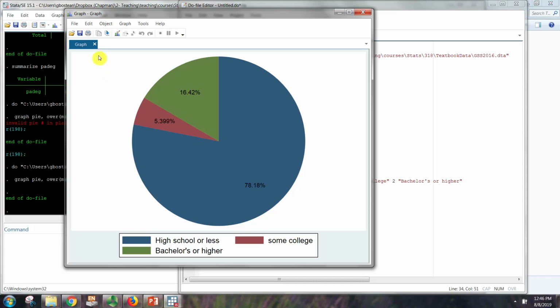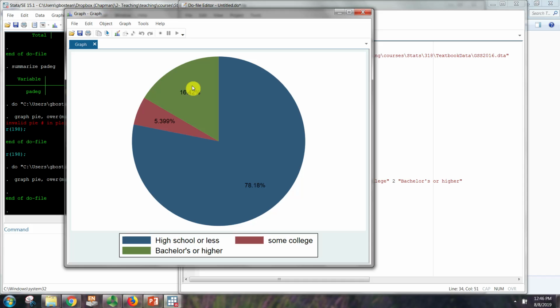All right, so here's what the pie chart looks like, and we see that nearly 80% of respondents report that their mother has high school education or less. 5% report that she has some college education, and 16% report that she has a bachelor's degree or higher.